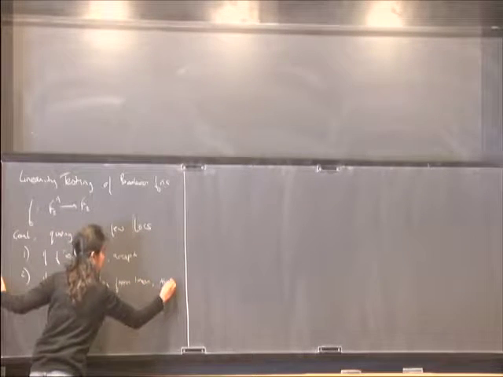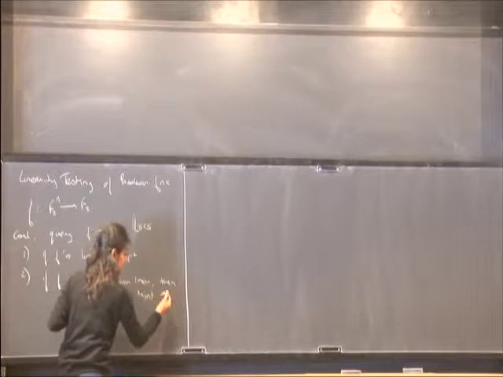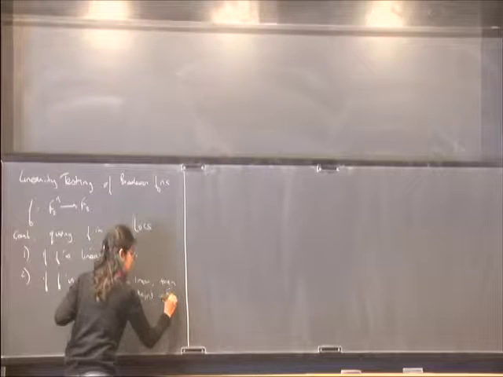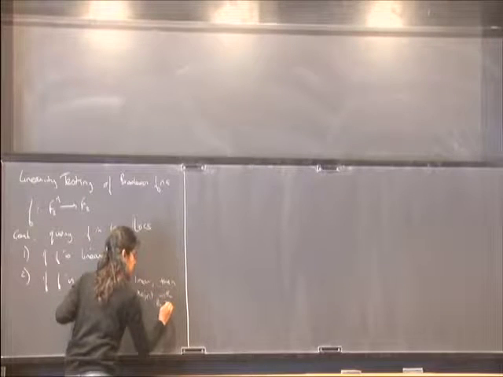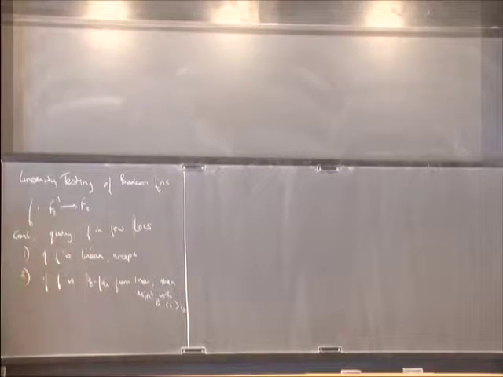Okay, with some probability, say probability epsilon naught, which is greater than 0. So this is the task of linearity testing of Boolean functions. Given oracle access, you want to accept the linear function, and if the function is far from linear, then you want to reject with some noticeable probability.